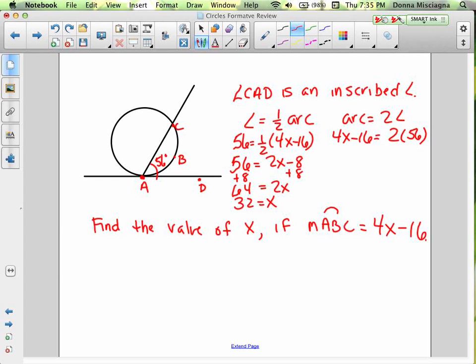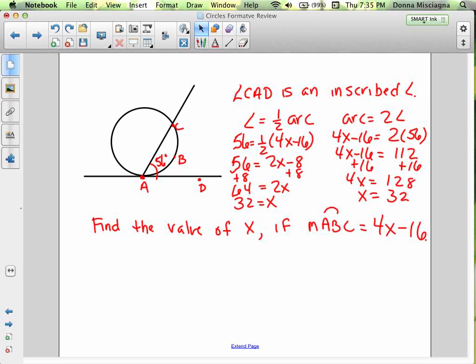Right? If I solve the other way, I have 4x minus 16 equals 112. We'll add 16 to both sides. So 4x equals 128. And if I divide 128 by 4, I get x equals 32. So you see we get the same answer either way.